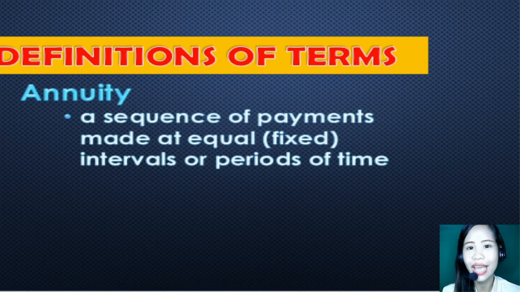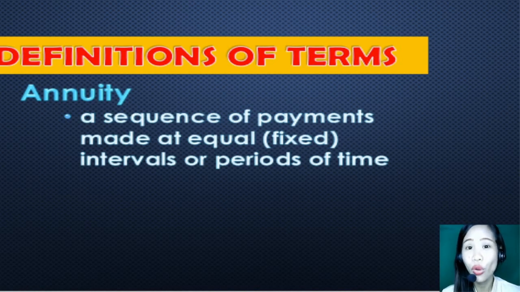Annuity means a sequence of payments made at equal or fixed intervals or periods of time. So, say for example, you pay quarterly, or around 3 months, then it means in 1 year you're going to pay 4 times, right?